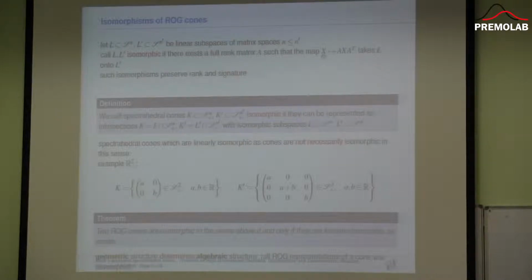So if we have a matrix representation in one space, then we can pass to any other matrix representation in another space by such a linear transformation with a fixed coefficient matrix A. This is actually a very strong condition, and it has a lot of consequences.